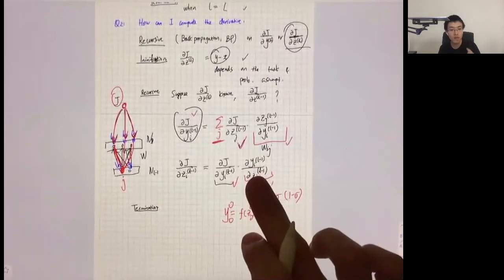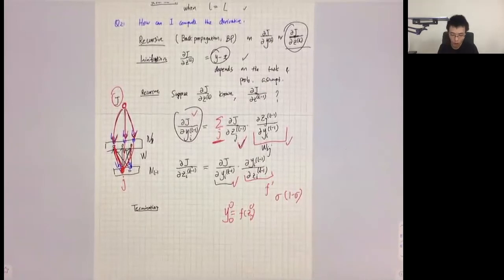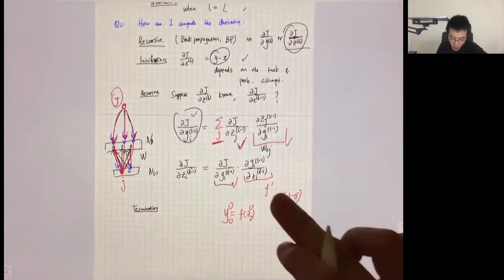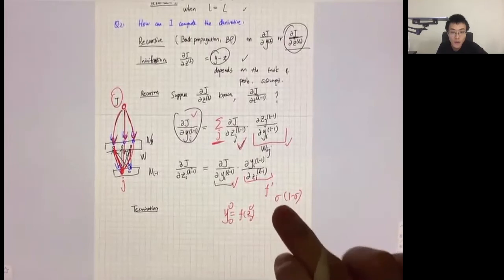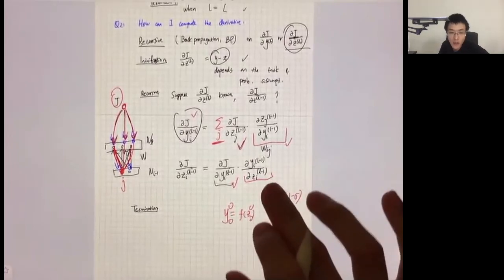But if it's a softmax function, then you cannot have this, okay? Because in the softmax function, the z affects y in different paths. So for the sigmoid function, it's just this, okay? But for other functions, you just compute the partial derivative of that function itself.